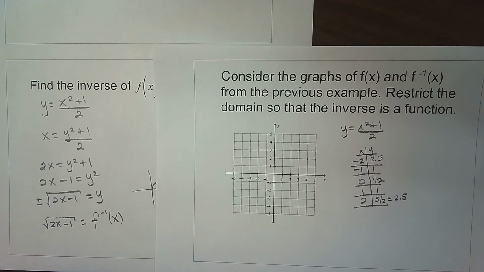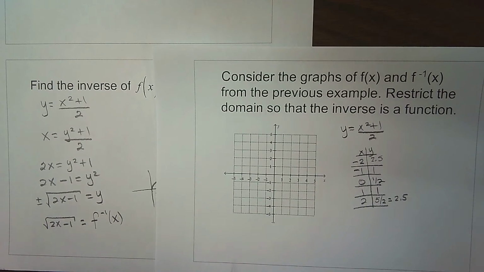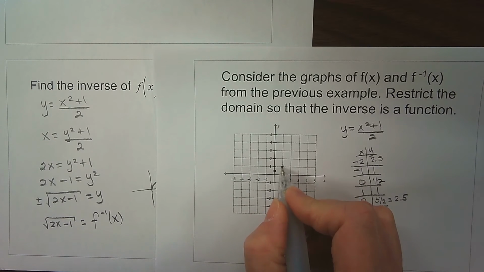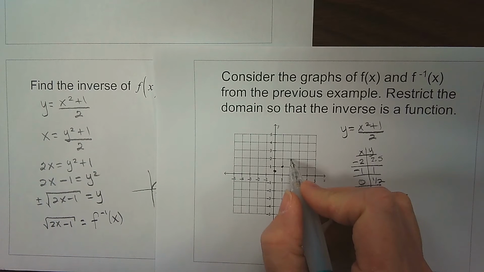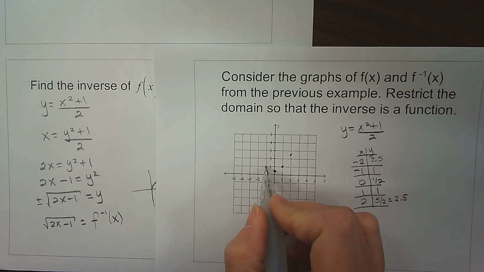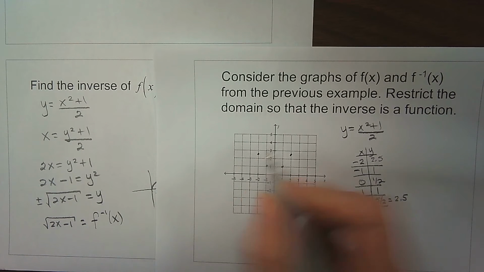So let's go ahead and plot these few points so that we can see what the curve looks like. At 0, we were up a half. At 1, we are at 1. At 2, we are up 2.5, so about there. And similarly here back, negative 1 up 1. And when I'm at negative 2, I was up 2.5, so about there.